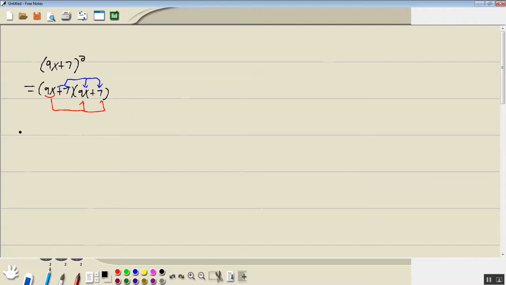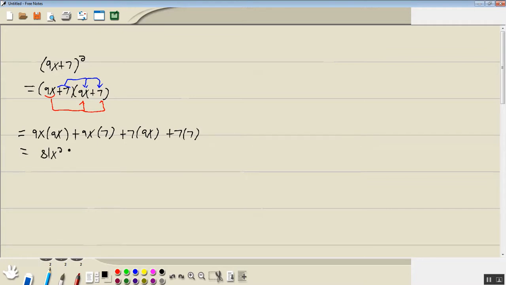That's also FOIL, because we've got two terms and two terms. So 9x times 9x, we'll have 9x times 7, we'll have 7 times 9x, and 7 times 7.